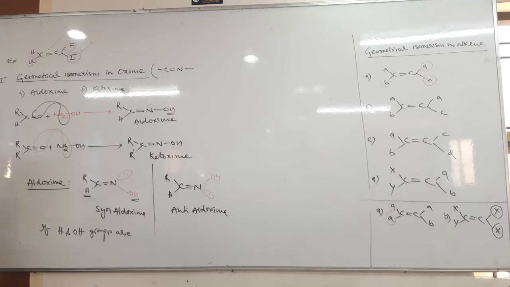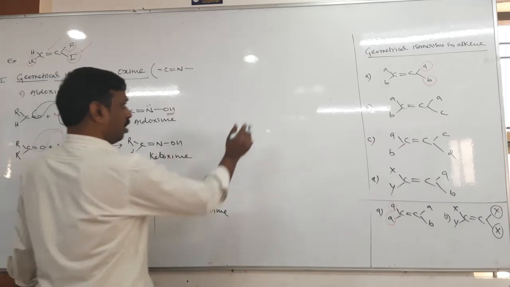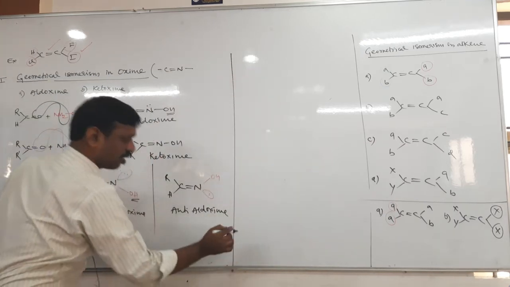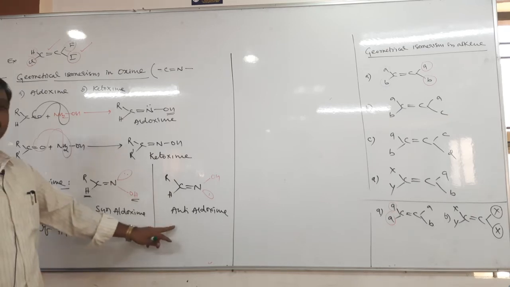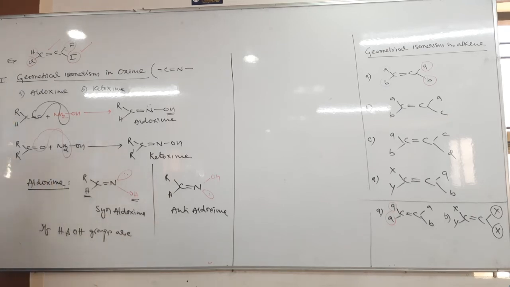If H and OH groups are on opposite sides of the double bond, it is called anti, which is analogous to trans. Analogous means similar to.